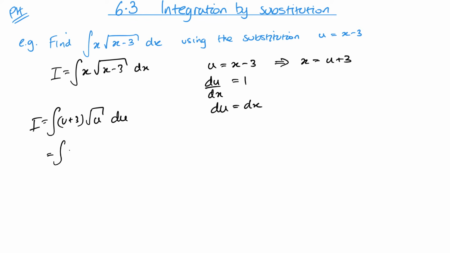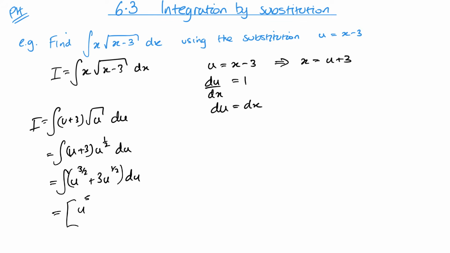So we've actually got u plus 3, I'll take extra steps, times u to the power of half du. So multiplying or expanding that bracket, I would get u to the 3 over 2 plus 3u to the half du.